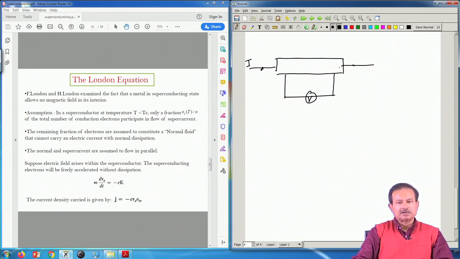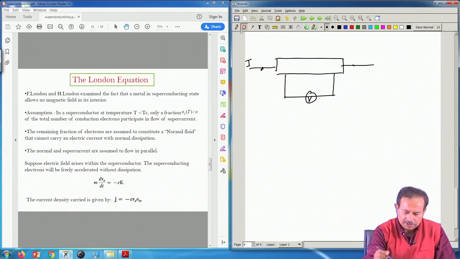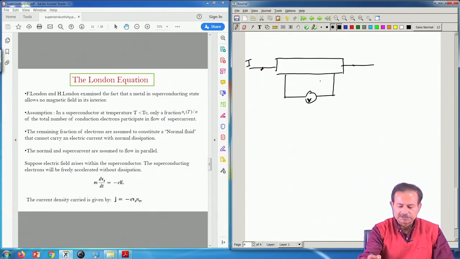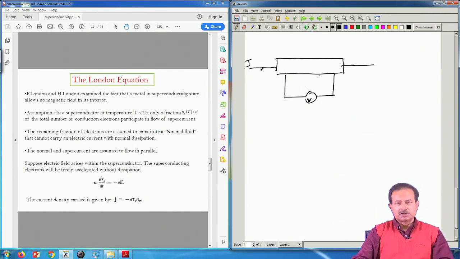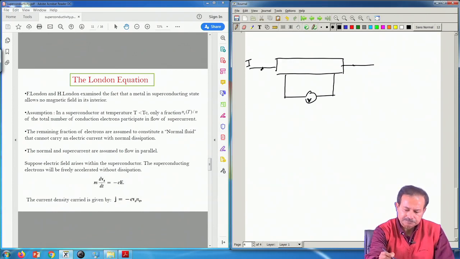That is the standard method of measuring low resistances and very low resistances, so that the contact resistance does not come into the picture. Okay, this is just an aside.